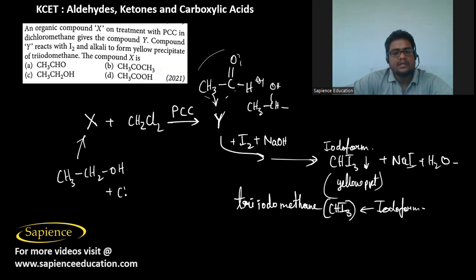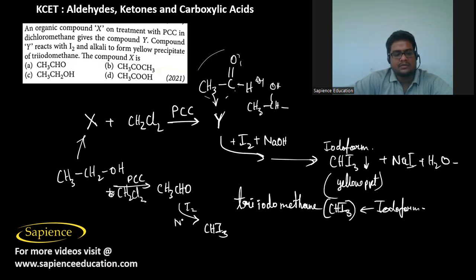When it reacts with PCC in dichloromethane, it will give CH3CHO, which will form CHI3 with I2 and NaOH. So hence option C is the correct answer.